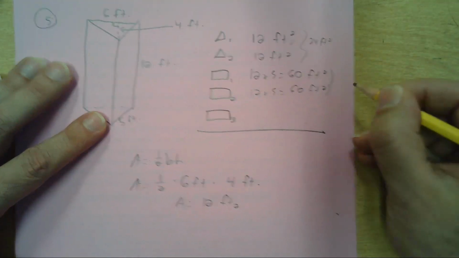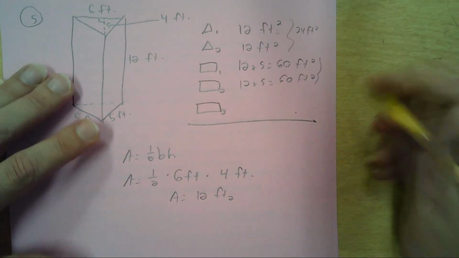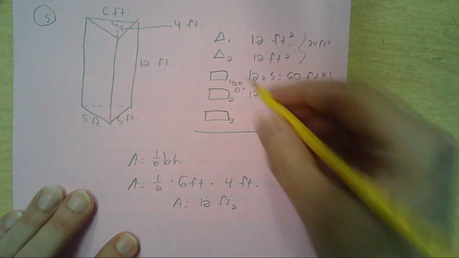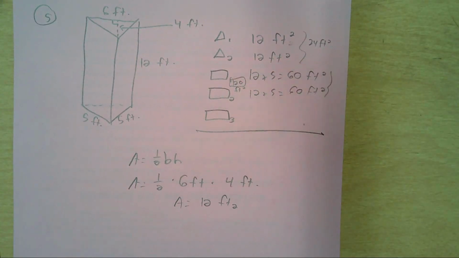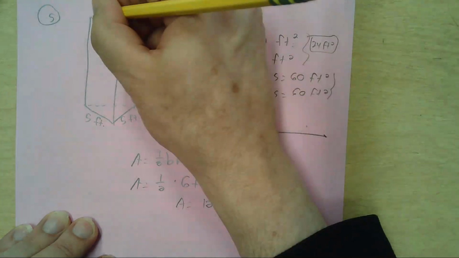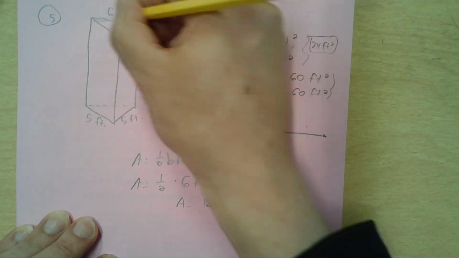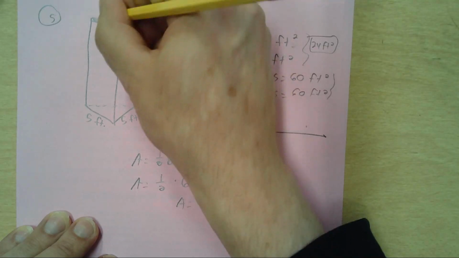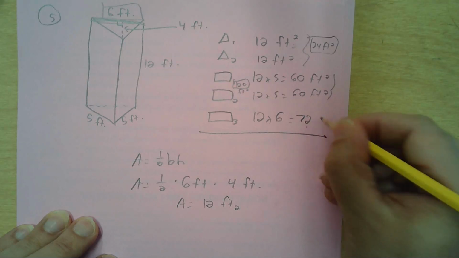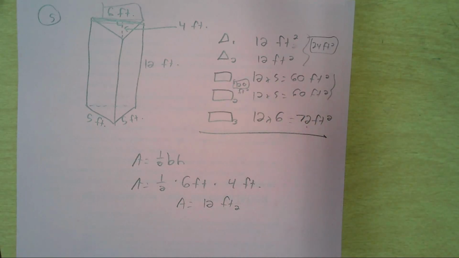If you just wrote this number, 120, and tuck that number aside, that's fine. Those are the 2 that are the same, but the one on the back is, again, still height of 12, no issues there, but right here, this is that third rectangle. 12 by 6. And that one is 72 feet squared.